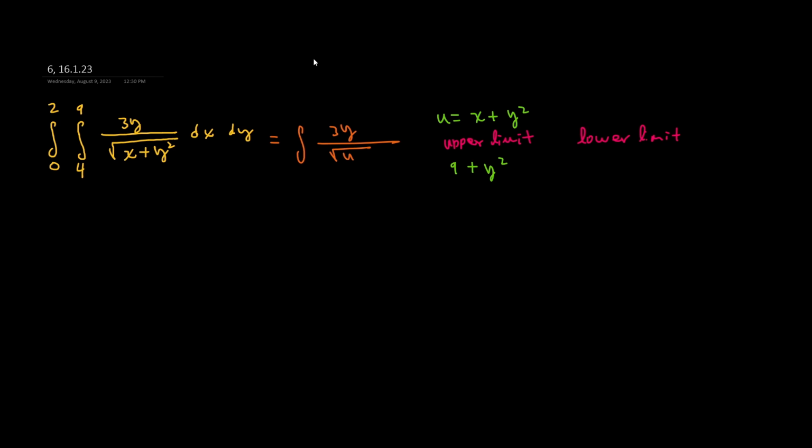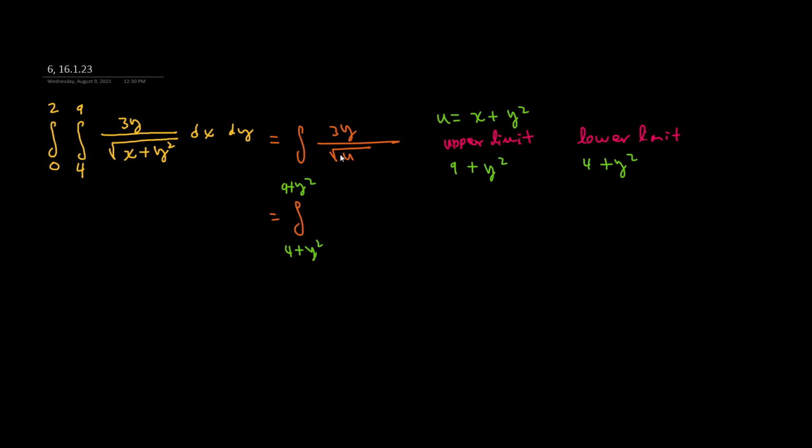The lower limit for x is 4, so we're going to replace the x with 4. We end up with 4 plus y squared. And I'm going to rewrite this, plus y squared.